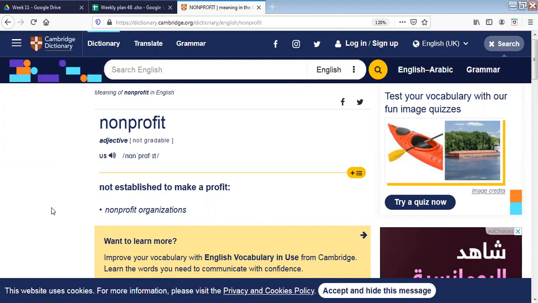A non-profit means something that is not established to make a profit. Okay, guys, this is the meaning of non-profit.